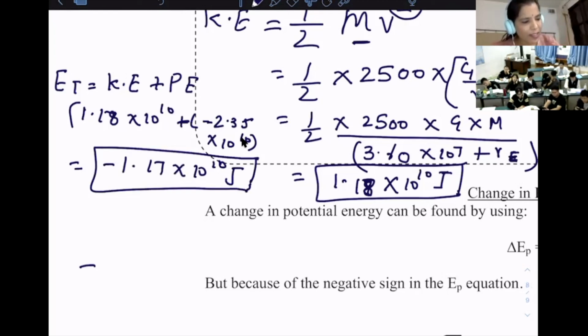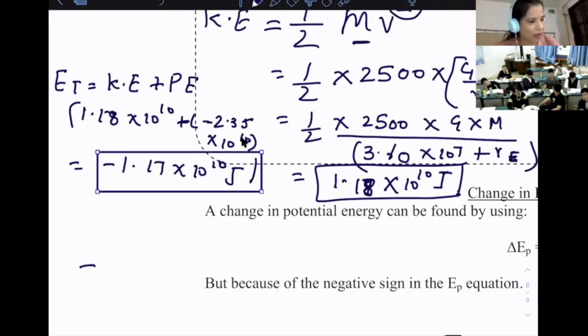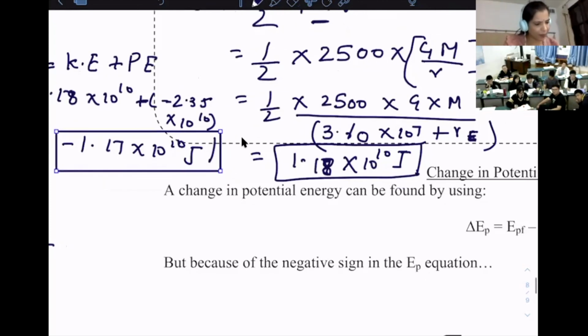You have to consider the negative sign because that's its energy below zero value. Okay. Now, if you are fine with this question, we can move forward. If you have some questions, please ask me. Move forward. Okay.